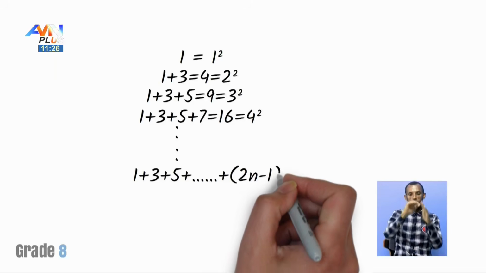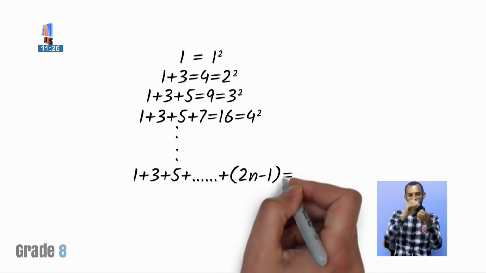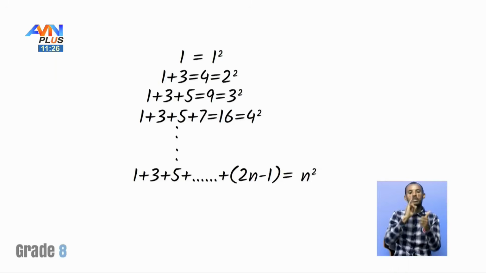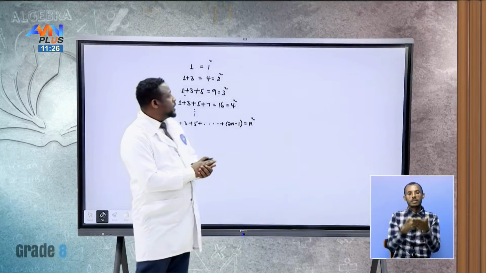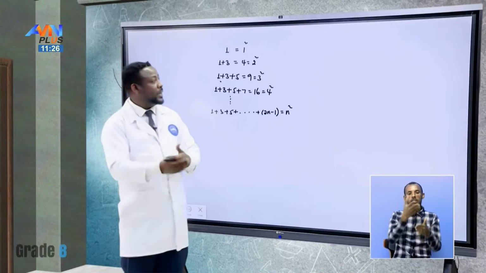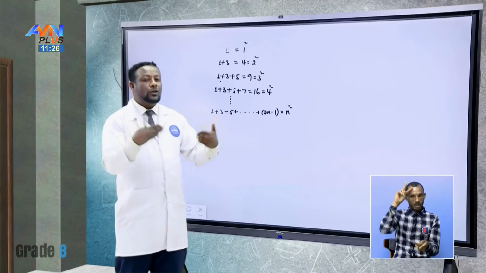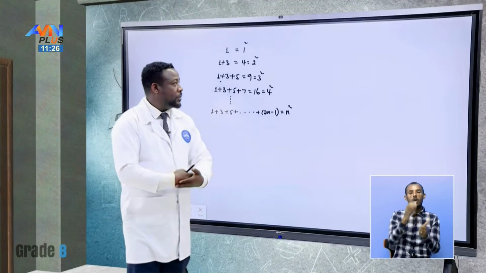The sum of these consecutive odd numbers gives us n square, which is a perfect square. So these are some interesting relationships between a perfect square and the sum of consecutive odd numbers.